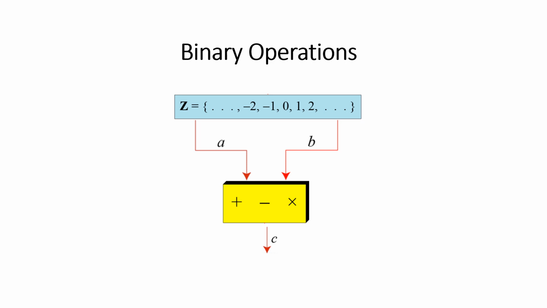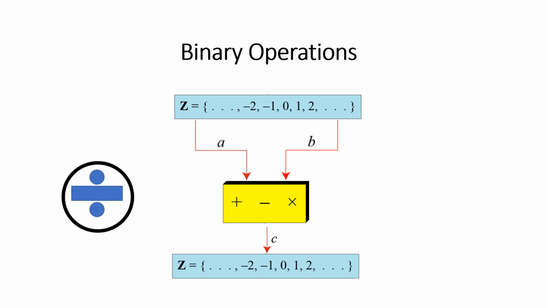Each of these operations takes two inputs, a and b, and creates one output. The two inputs come from the set of integers. The output goes into the set of integers. Note that division does not fit in this category because, as we will see shortly, it produces two outputs instead of one.